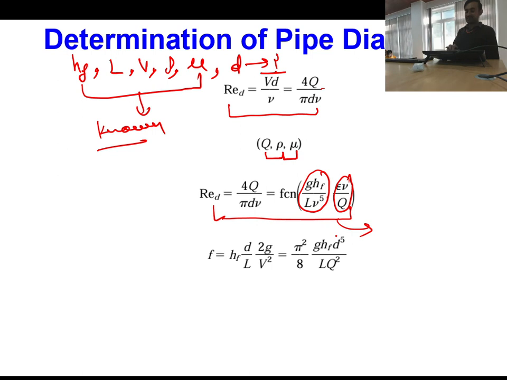Though dimensionless parameters exist, till now there is not enough data so that an exact correlation can be made to relate these dimensionless parameters, and you can have some deterministic approach with the help of which you can calculate the values of Reynolds number for your calculation of friction factor. Okay, so that's why in this approach one has to go purely for the iterative procedure. Is this point clear?